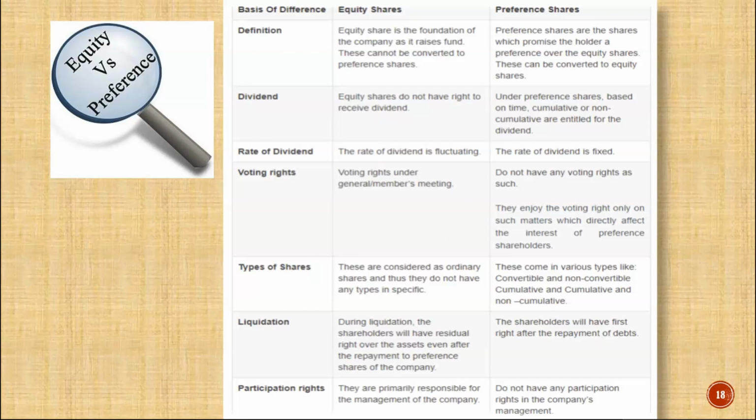These can be converted to equity shares. Next difference is dividend. Equity shares do not have a right to receive a fixed dividend, while preference shares, cumulative or non-cumulative, are entitled to the dividend.